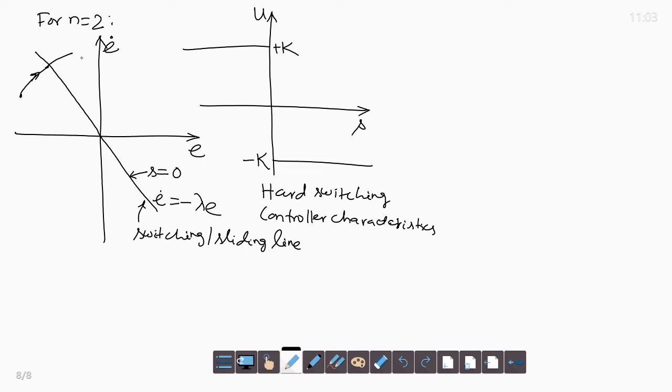Once it crosses to the opposite side of the line s equals 0, again the control input will change sign, and it will again be attracted towards the sliding surface like this, and in the process there will be overshoot, and like that it will converge to the final point given by e equals 0, e dot equals 0. The origin is the desired point. So this is the switching action.